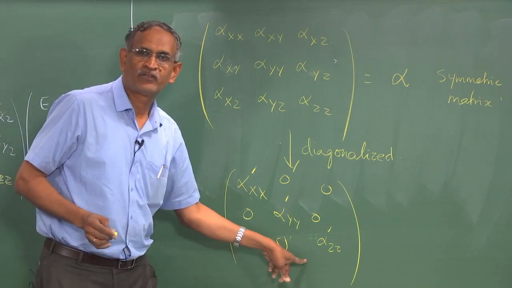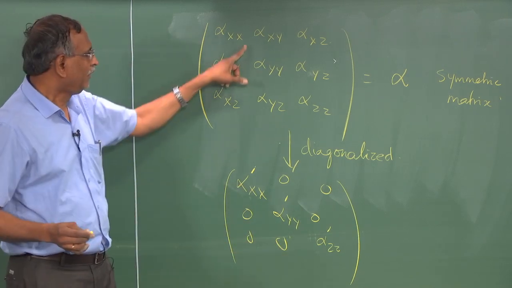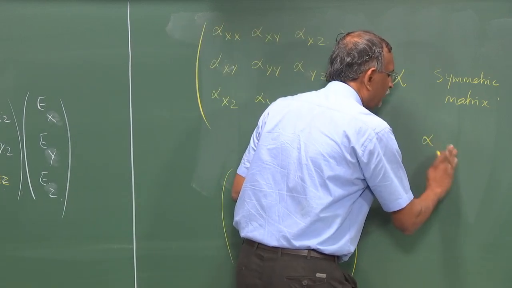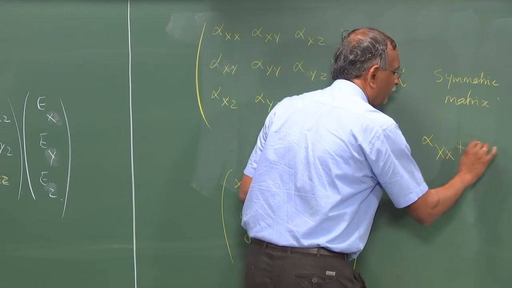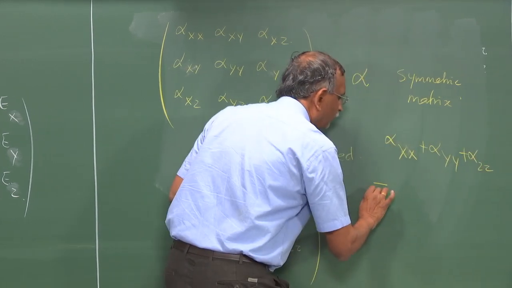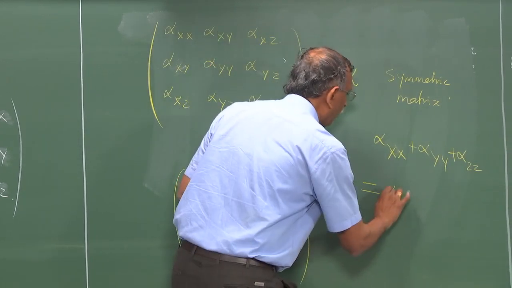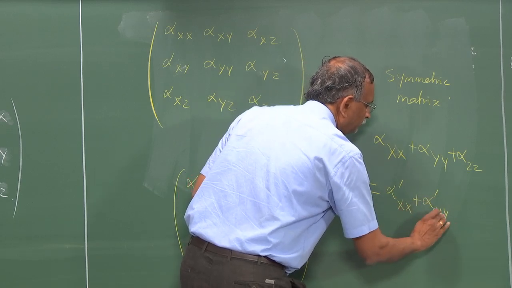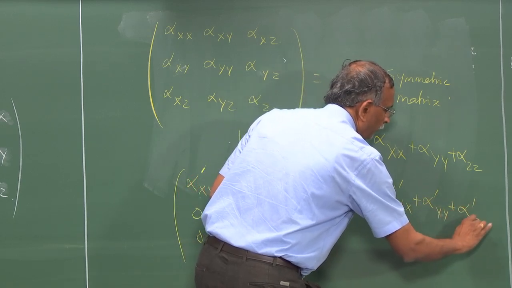Therefore, what is left over is 3. But there is one more property. Such a diagonalization also ensures that the trace of the matrix alpha xx plus alpha yy plus alpha zz is always equal to alpha prime xx plus alpha prime yy plus alpha prime zz.